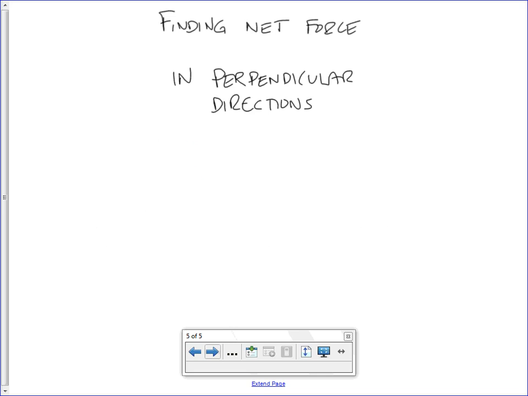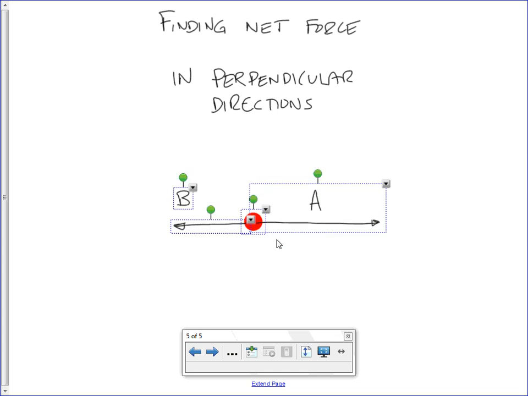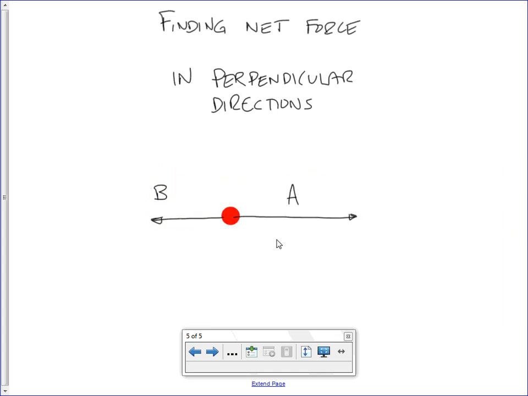And so, what we need to be able to do is analyze a situation like this. Let's say I'm going to put a few forces on here, and I'll sort of incrementally add them. So right now, what we want to be able to do is look at the net force in perpendicular directions.